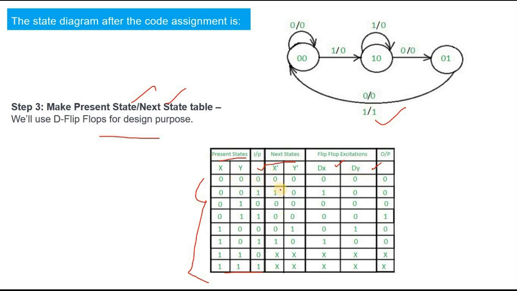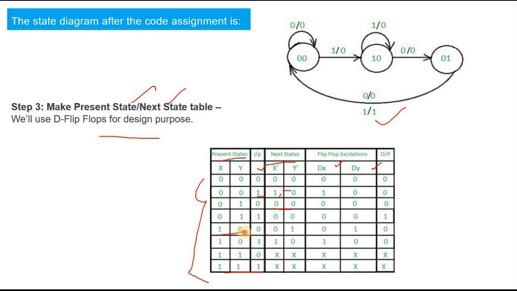So 0 0 you will get 0. Next you have input 1 and you will get 1, and then 0 0, and so y is not updating, right? So like that I have mentioned and built the rest of the table.